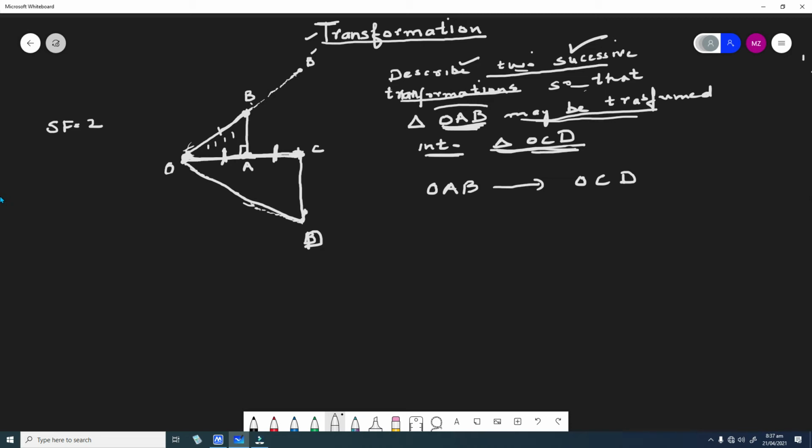Therefore, the image of B will be B prime. Now the image of O will remain O, the image of B will be B prime, and the image of A is C. So our images are O, B prime, and C. So we get figure O, B prime, and C.